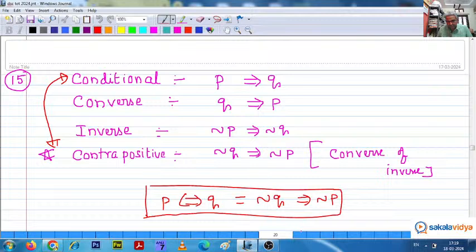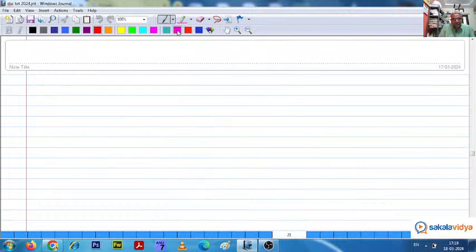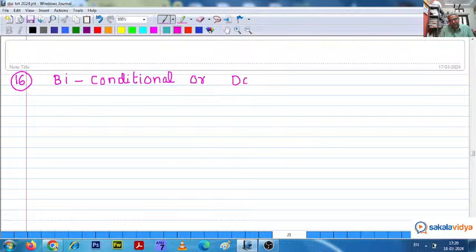Let us discuss the 16th one, that is biconditional, or it may be called double implication. Okay, clear? Okay, let us discuss.